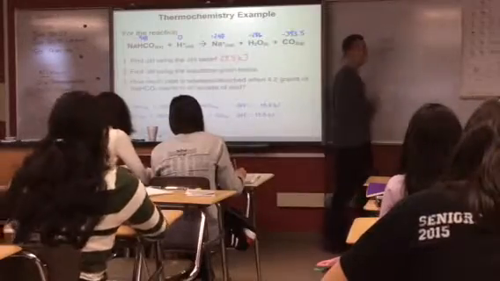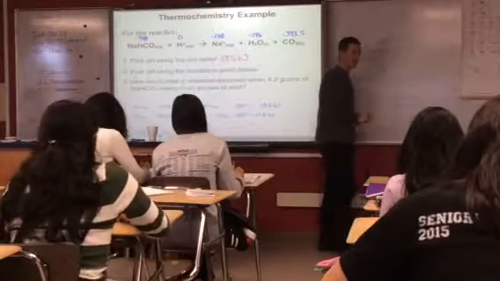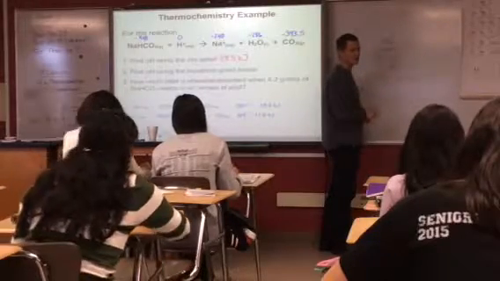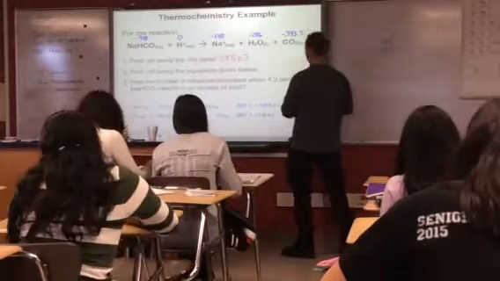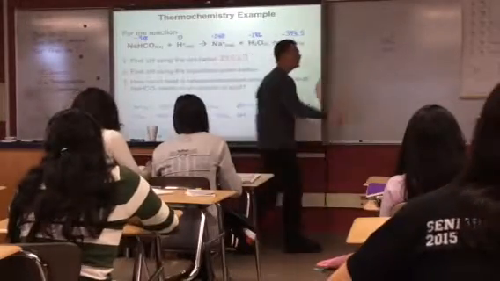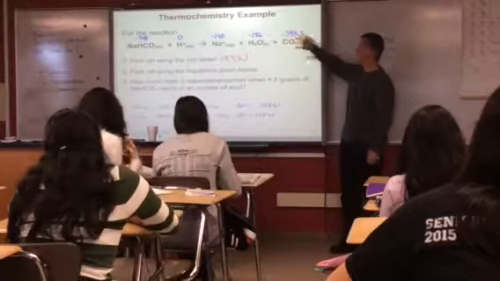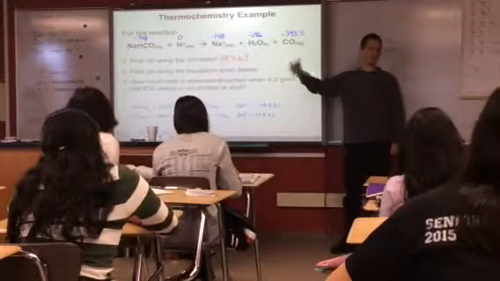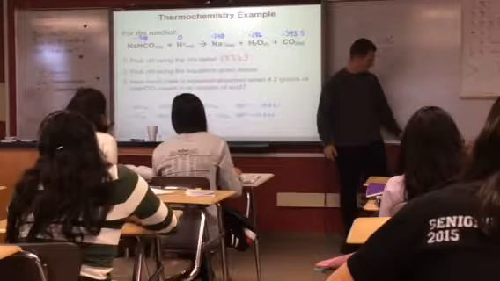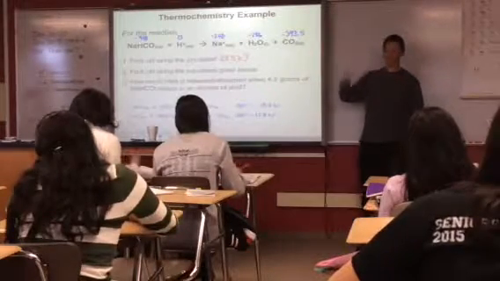This number ends in the ones place, so your answer must end in the ones place. 240, the estimated digit is 0. All these we assume go to the ones place. They should have just had CO2 be negative 394. Yeah, they're all going to the ones place.